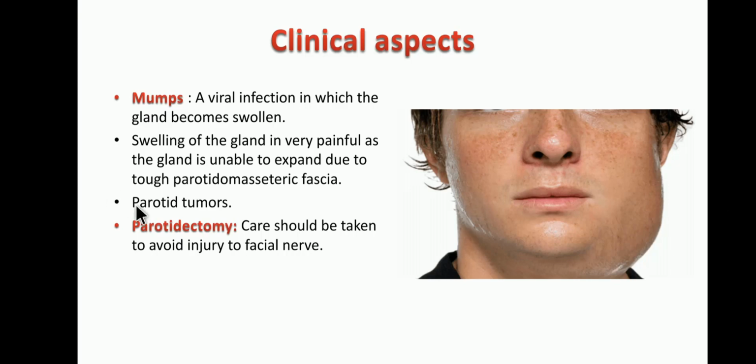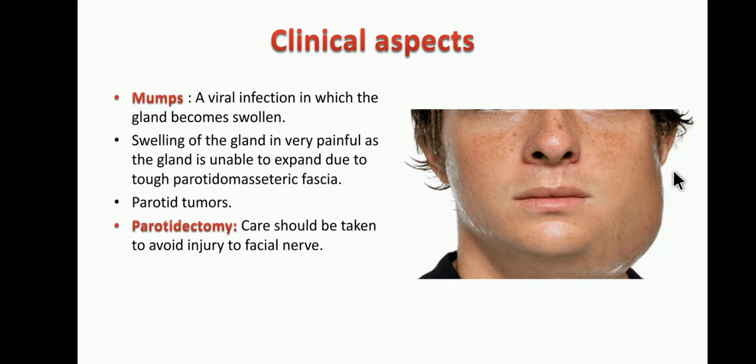Parotidectomy, the removal of the parotid gland in parotid tumors or sometimes in crush injuries of the gland, should be done very carefully, especially to avoid injury to the facial nerve. If the facial nerve is damaged, the patient might develop Bell's palsy or facial paralysis.